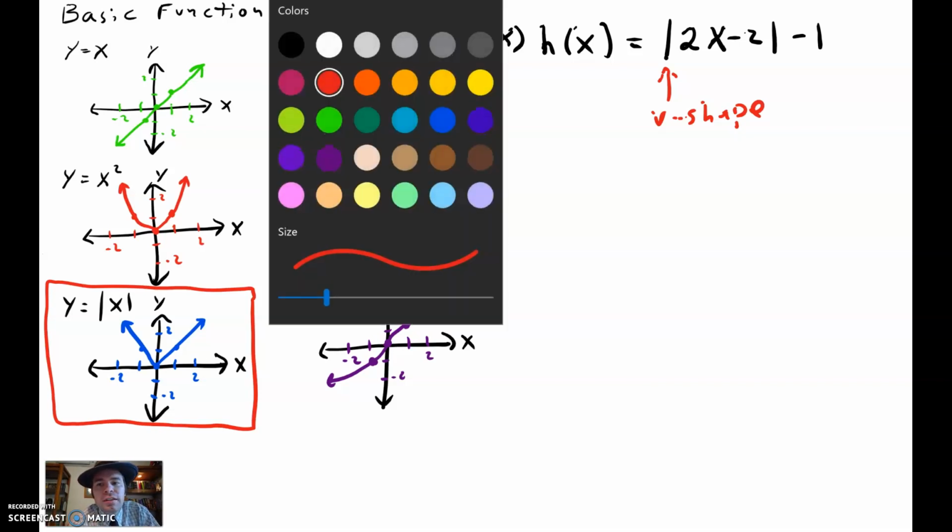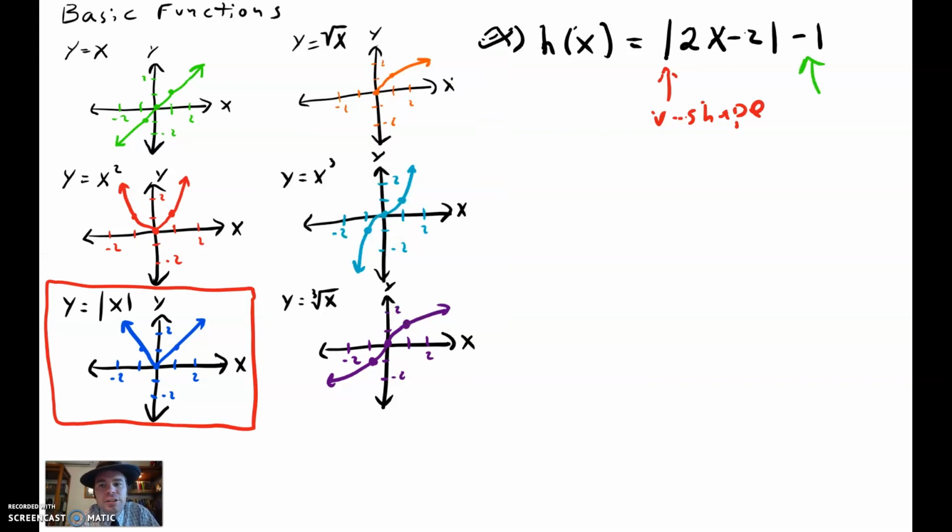And also looking at this, you can see the minus 1, and that clearly is telling us we're going to shift down 1. But here's where it gets interesting. As I look inside the parenthesis, or inside the grouping symbol, you might think that that's telling us to shift right 2. But it's not.